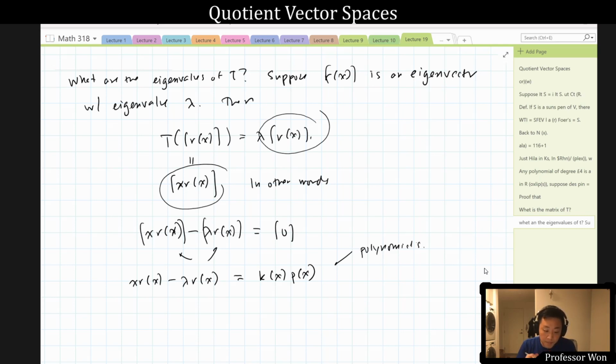Now, look at the left-hand side and look at the right-hand side. This side has degree less than or equal to 5, because all of our remainders are degree less than or equal to 4, and then I had multiplied it by x, and so I get degree less than or equal to 5. This thing has degree 5, which means that this polynomial must have degree 0. This must be a constant.